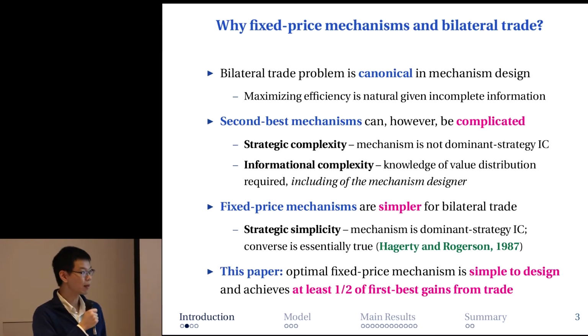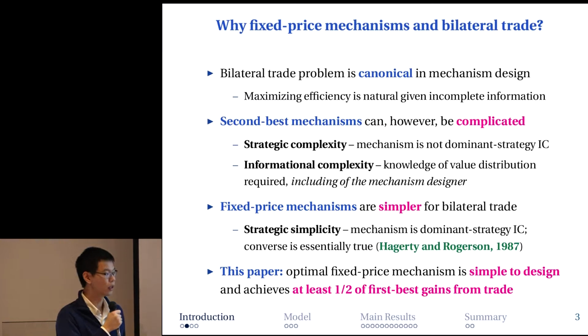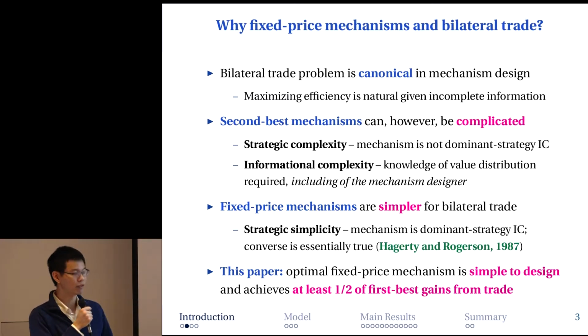In this paper, we supplement this view of fixed price mechanisms by showing that the optimal fixed price mechanism is not only strategically simple, but also informationally simple as well. And also, these optimal fixed price mechanisms, regardless of the distribution, achieve at least 1/2 of the first best gains from trade.